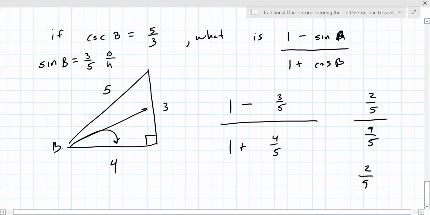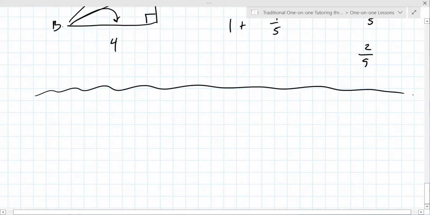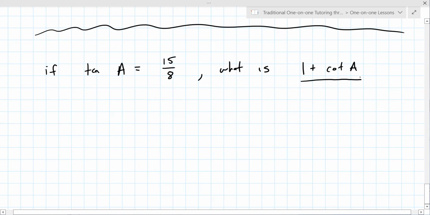Perfect. Okay, so let's increase the difficulty just a tiny bit here. Let's give you a new triangle. So we'll go, if tangent A equals 15/8, what is 1 plus cotangent of A over 3?